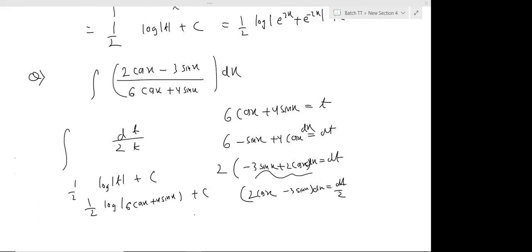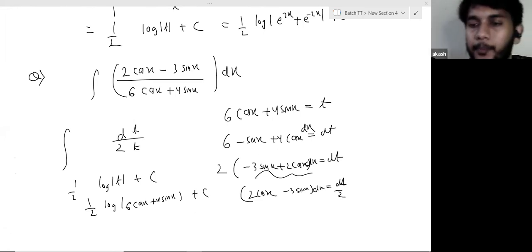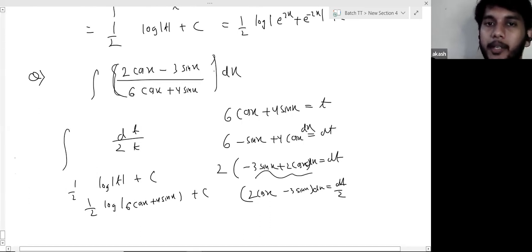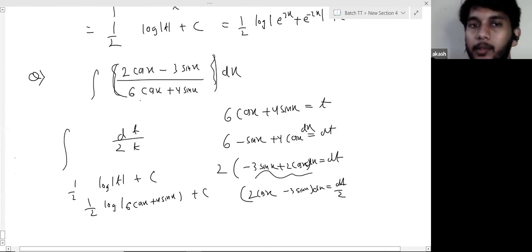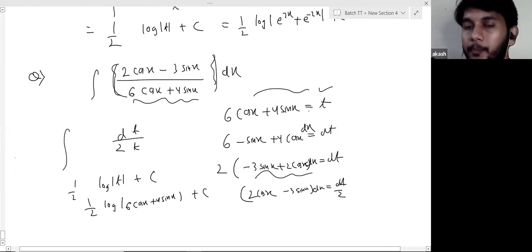Sir, can you just explain that again? You want me to explain this again? Yes, sir. All right. See, this function is very complicated to integrate, right? So what I try to do is put the denominator as t. I assumed a variable.